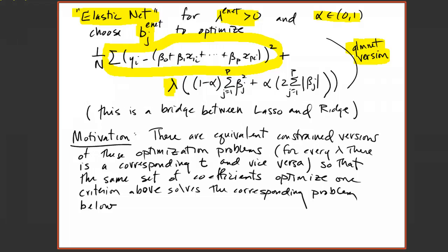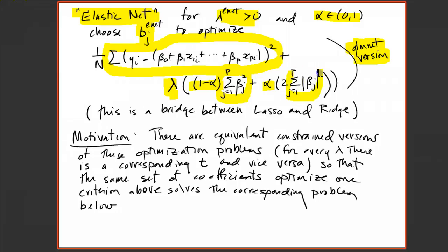It doesn't matter. I could multiply this whole thing through by n, and I just have a different lambda, a lambda that is a factor of n less than the one we're talking about in this formulation. And lambda times a weighted average. So there's an alpha and there's a 1 minus alpha. Here is the sum of the squared coefficients.